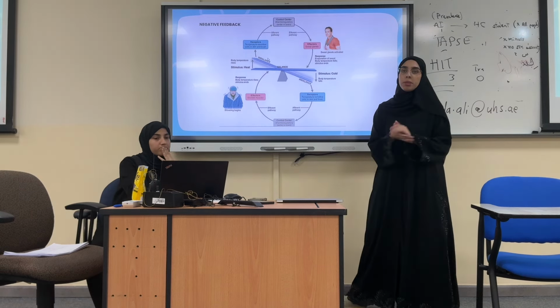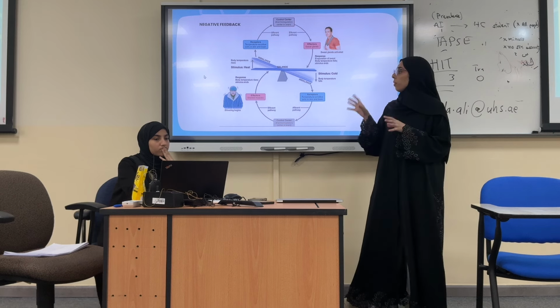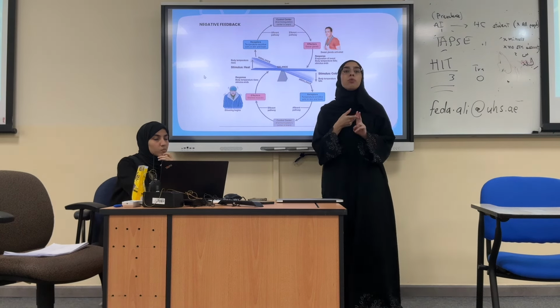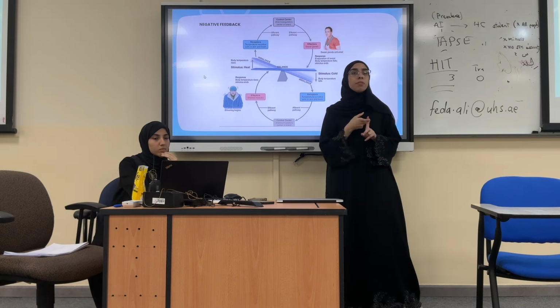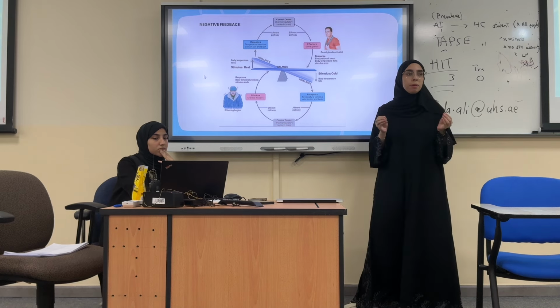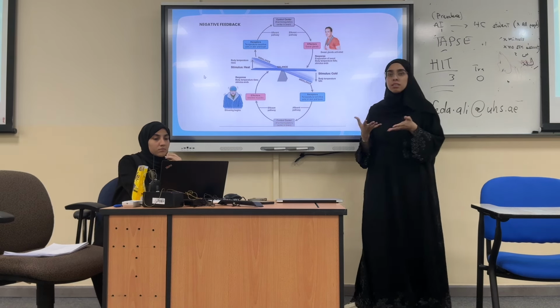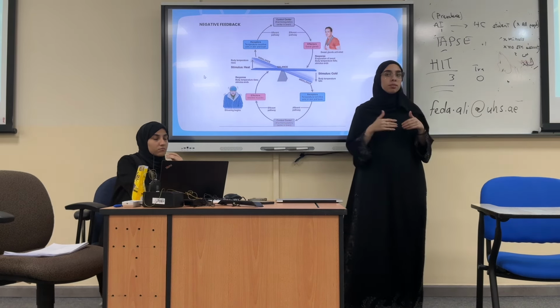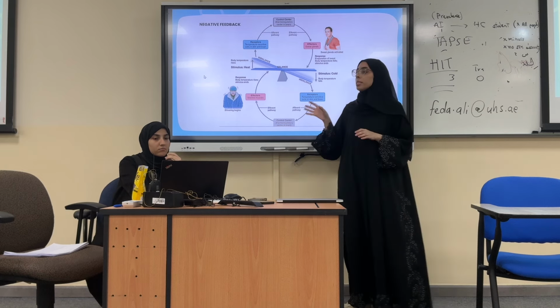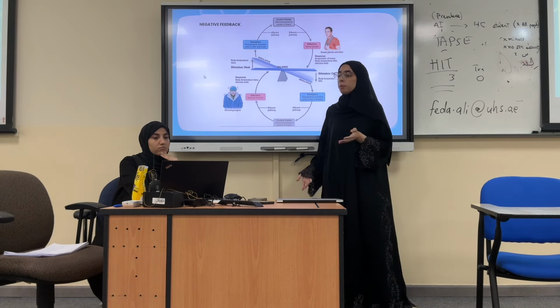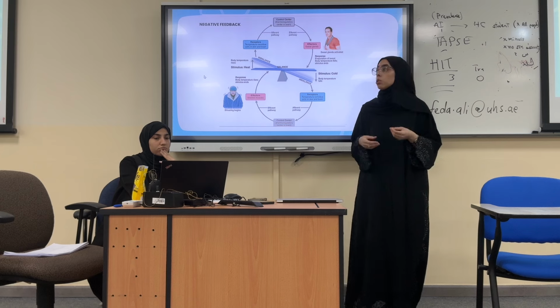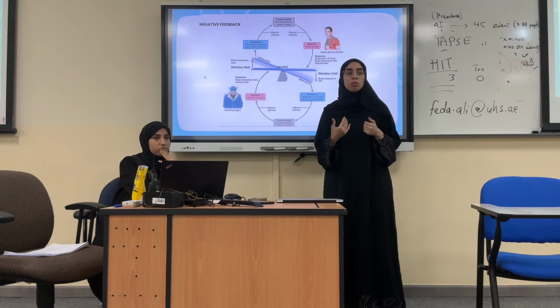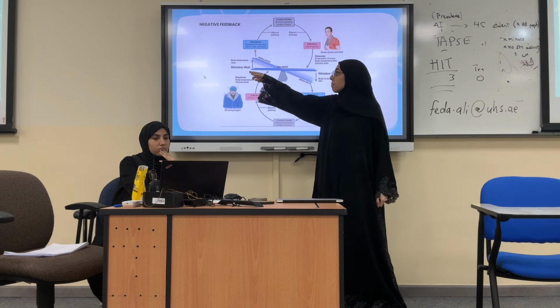Okay, so let's start with the stimulus. Before starting with this example, you have 2 feedbacks in our body: positive feedback and negative feedback. To make it simple for you, positive feedback enhances, while negative feedback reverses. As simple as that. So let's start with negative feedback, for example, heat. Someone is running and they're feeling hot. So the stimulus here is heat.